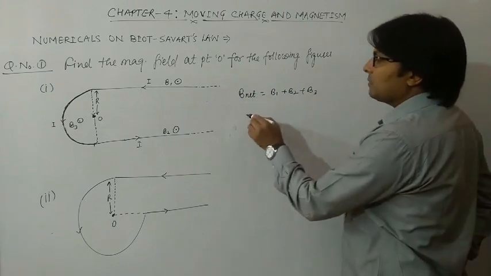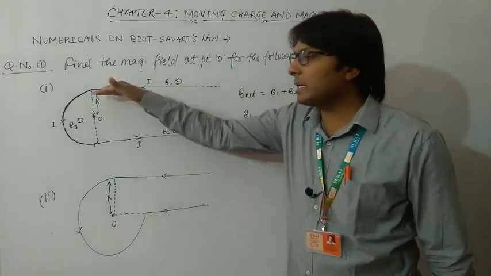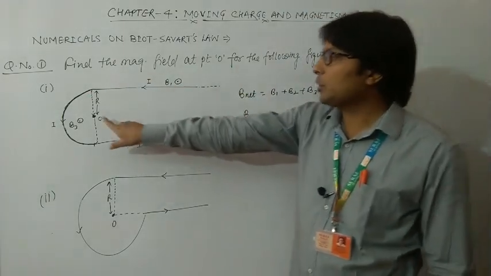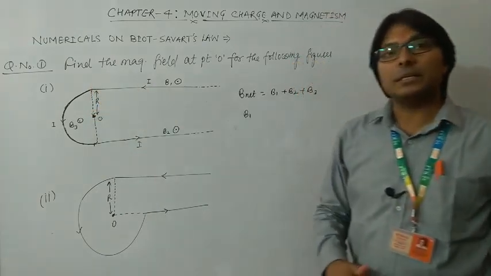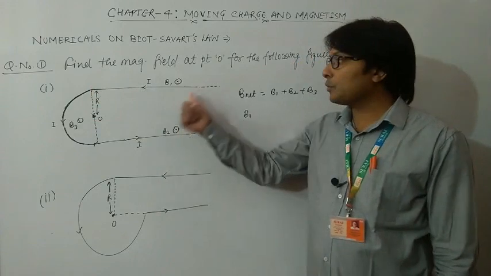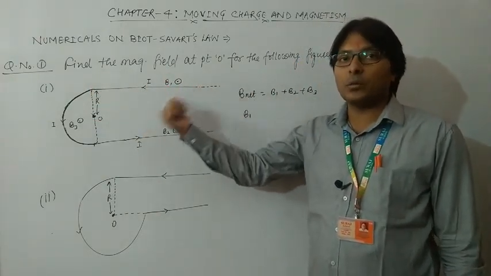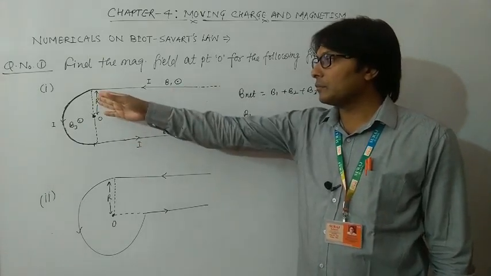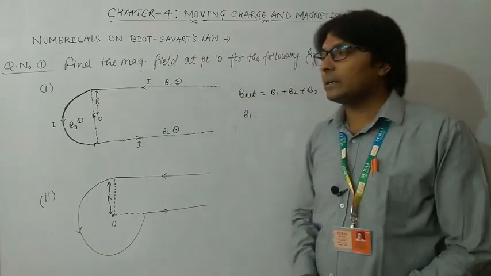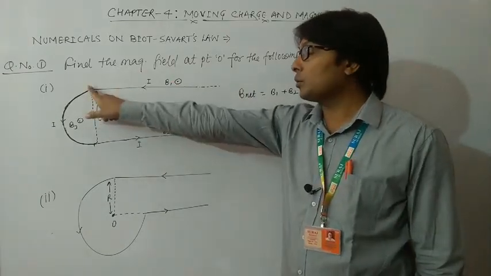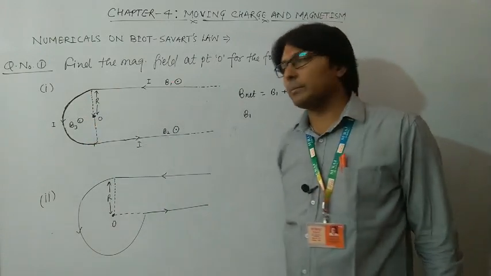Now what is B1? B1 is the magnetic field due to this wire of infinite length, but this point O is near one end of this wire. So this will be the second case of the magnetic field due to an infinite length wire, when one end of this wire is near the point where we want to find the magnetic field.